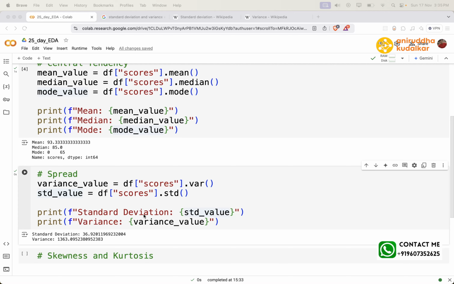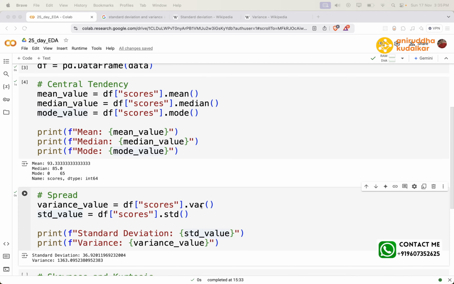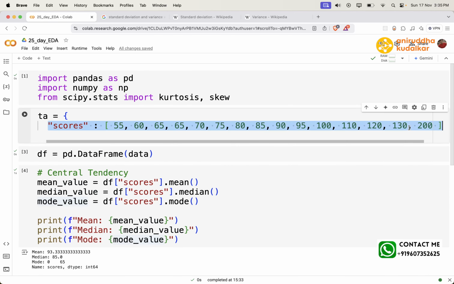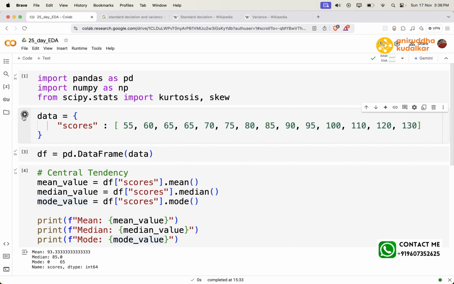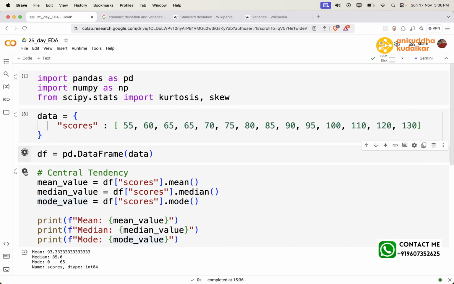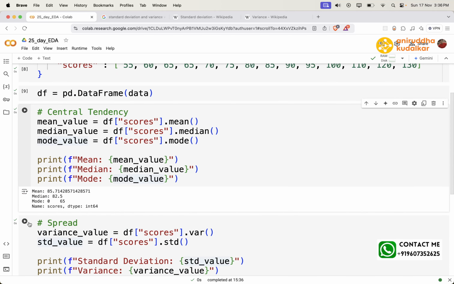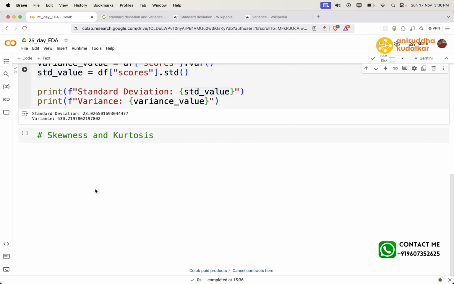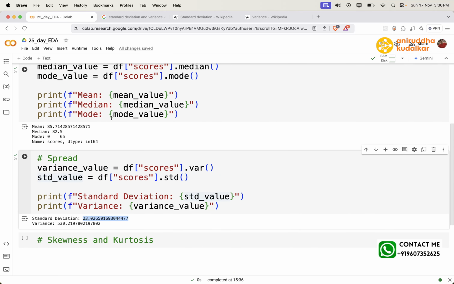When the standard deviation is 35, let's do one thing. Let's remove this 200. This is the outlier present, which is why it is showing this. Run it. And now see, it is 23. You removed that 200 and your standard deviation and variance have been reduced drastically.